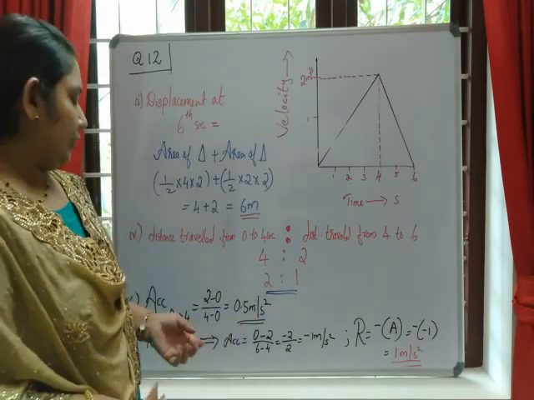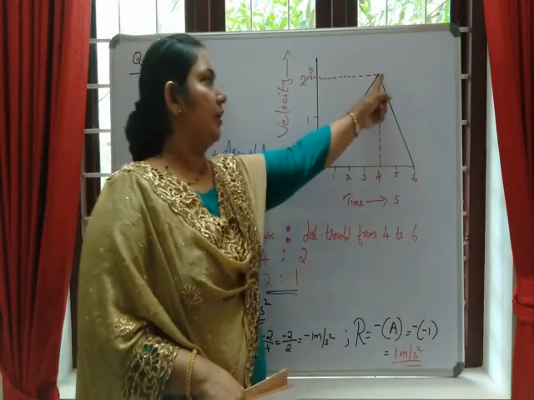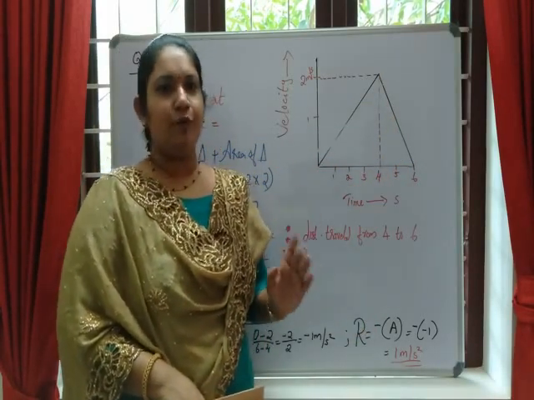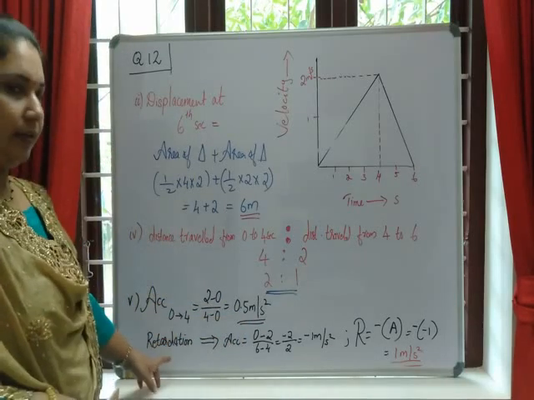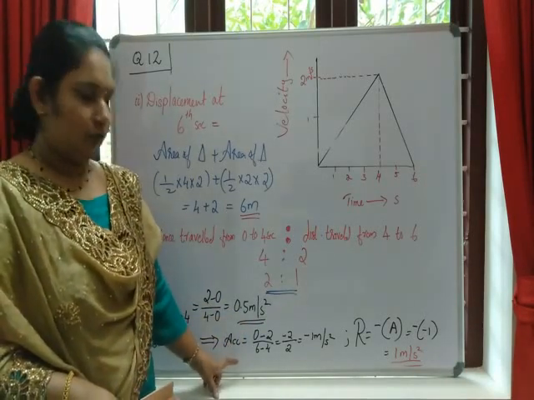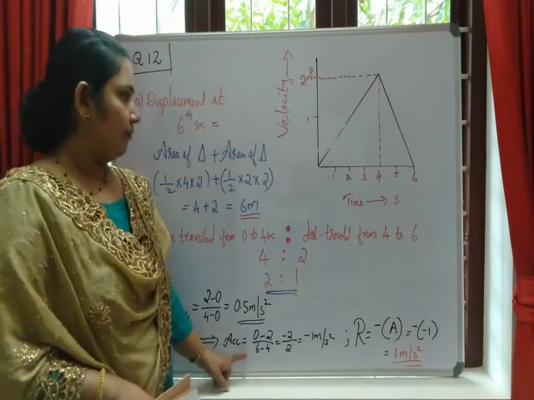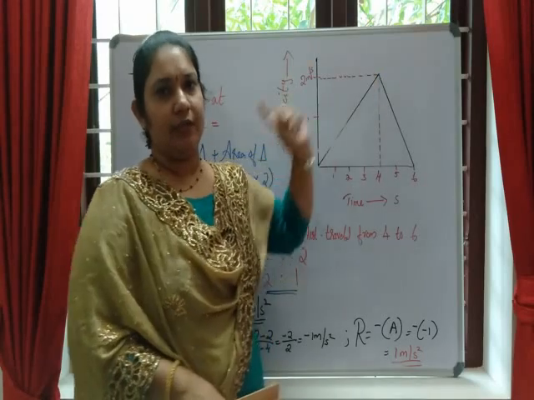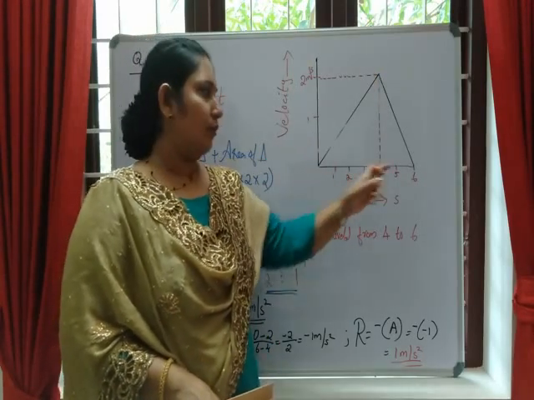And again you are asked to calculate retardation from 4 to 6 seconds. We don't have the formula for retardation. We are asked to calculate retardation, but we have only the formula for acceleration. So just calculate acceleration. Acceleration, final velocity minus initial velocity. Keep in mind, finally the ball comes to rest.